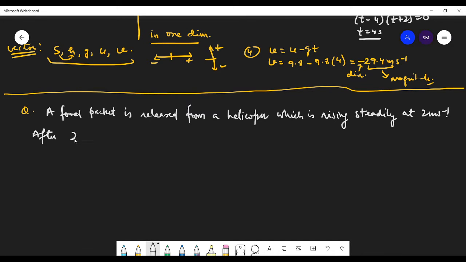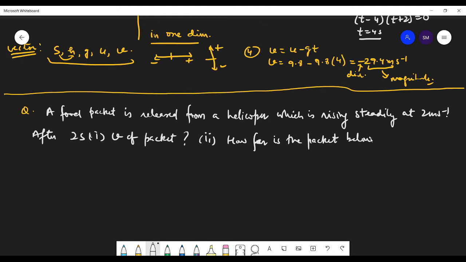After 2 seconds, what will be the velocity of the packet? Second point, how far is the packet below the helicopter? Okay, got the question?